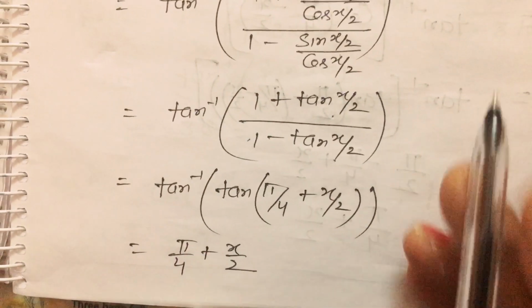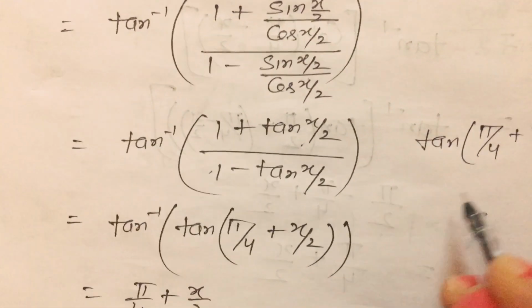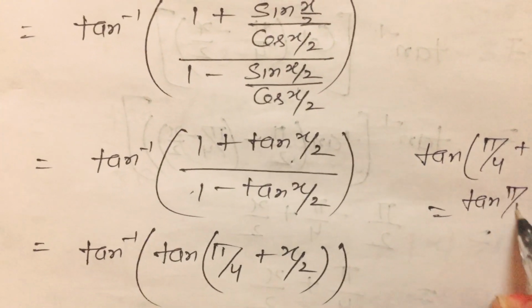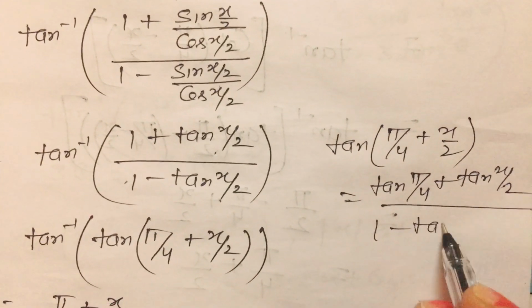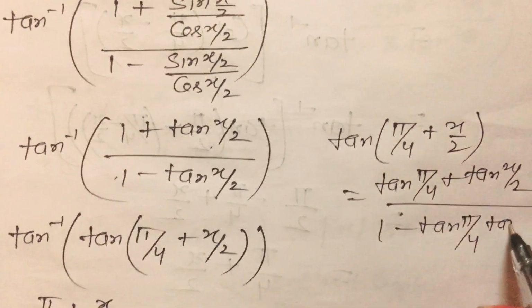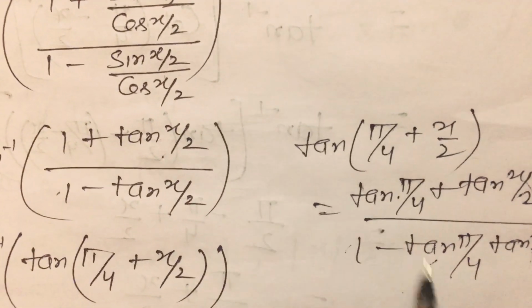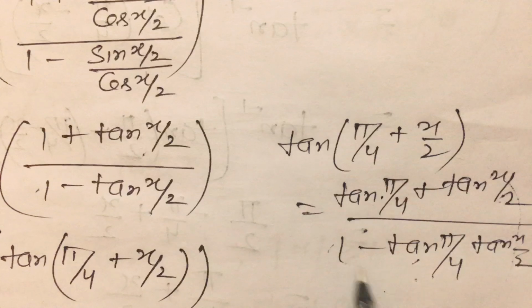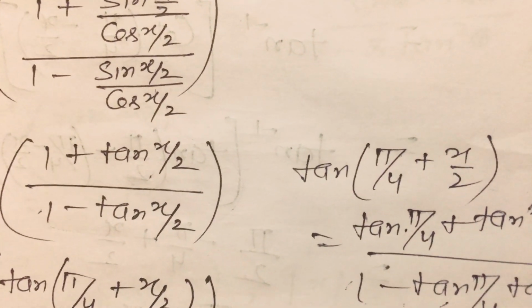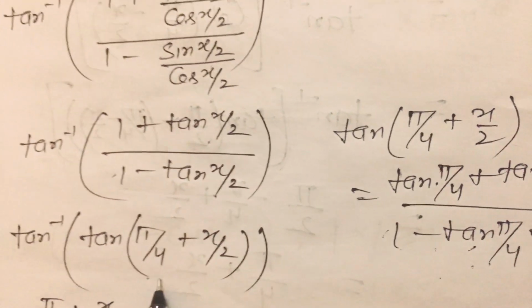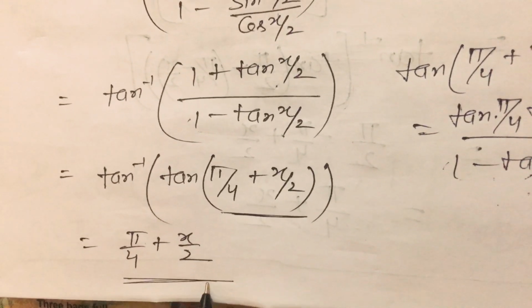And we know the formula for tangent of pi/4 plus x/2: tangent pi/4 plus tangent x/2 upon 1 minus tangent pi/4 into tangent x/2. Tangent pi/4 is 1, so it will be 1 plus tangent x/2 upon 1 minus tangent x/2. So tangent inverse cancels with tangent, and it will be pi/4 plus x/2.